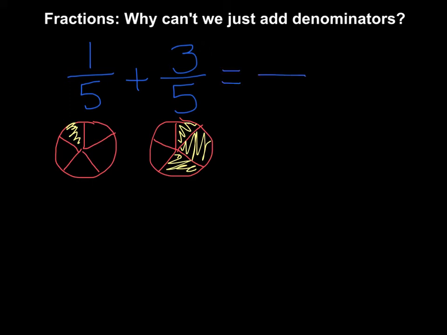If we actually take these slices and put them together, then this slice right here can slide in right there, and then these 3 slices can slide in right here, and we can see pretty obviously that there are a total of 4 slices, and their size, well, they're still fifths.